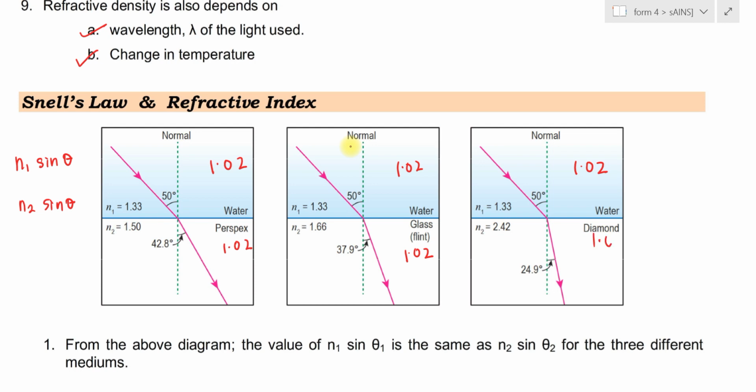Also 1.02. Jadi di sini kita boleh buat konklusi N1 sin theta 1 is equal to N2 sin theta 2. Boleh faham tak setakat ni?